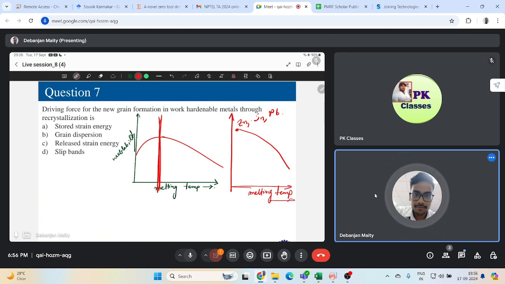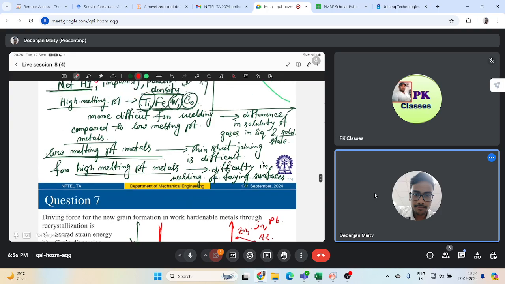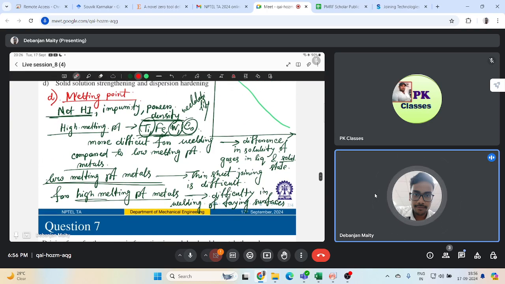Then in this graph we can have aluminum over here. The more you go along this curve, my melting temperature will keep on increasing. So this was B.